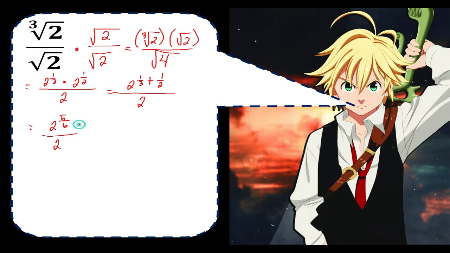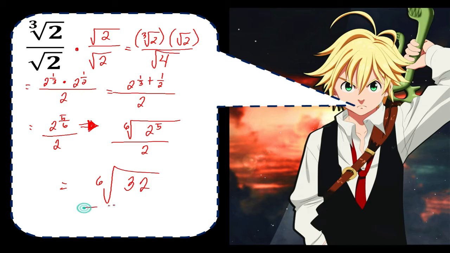And then we're just going to transform this expression on the numerator to a radical expression. That is the 6th root of 2 raised to 5. Then expand the 2 raised to 5, we can have the 6th root of 32 all over 2.